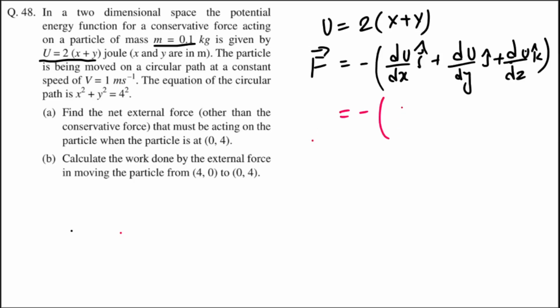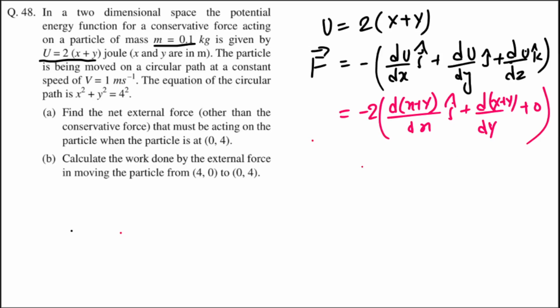Now look what will happen. Take the 2 outside: d(x plus y)/dx i cap plus d(x plus y)/dy j cap, and this is 0, right? So write it like this. Now this will be how much? Minus 2 d(x plus y)/dx. So we are doing d/dx of x plus y.